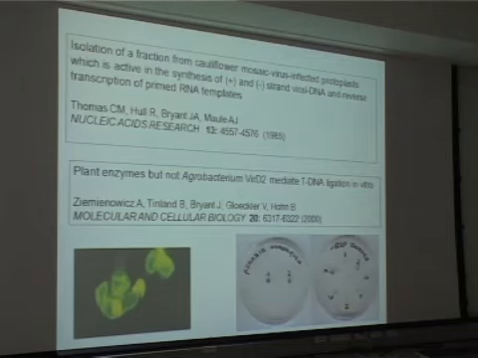I'm sure Keith would agree with that as the editor. And then later, still looking at the practicalities of plant genetic manipulation, we elucidated further the mechanism by which the chosen vector works.